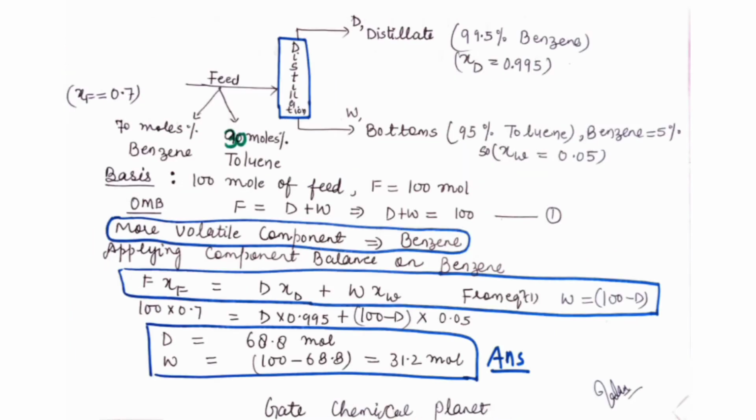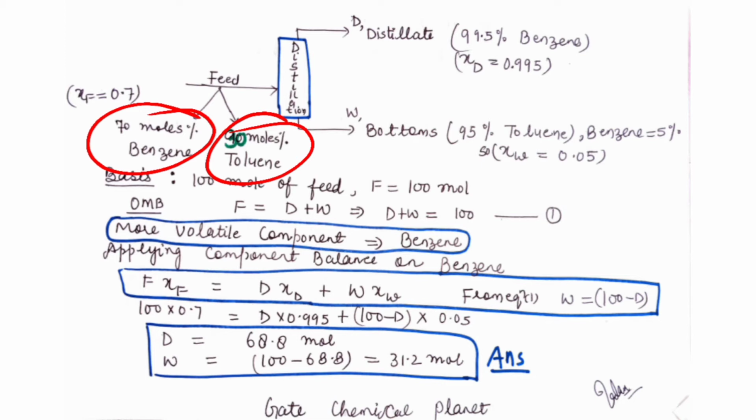This is the block diagram for this question, where feed consists of 70 mole of benzene and 30 mole of toluene. The more volatile component here is benzene, so the mole fraction of benzene, XF, equals 0.7.